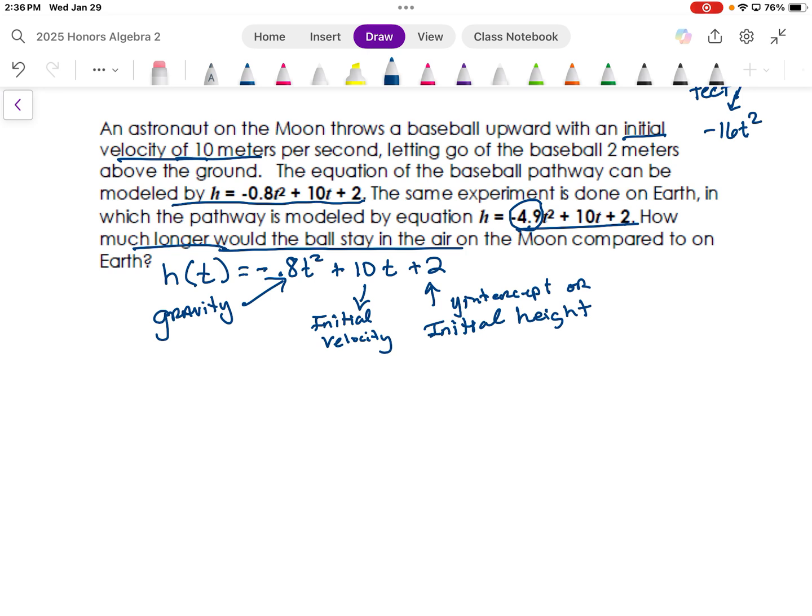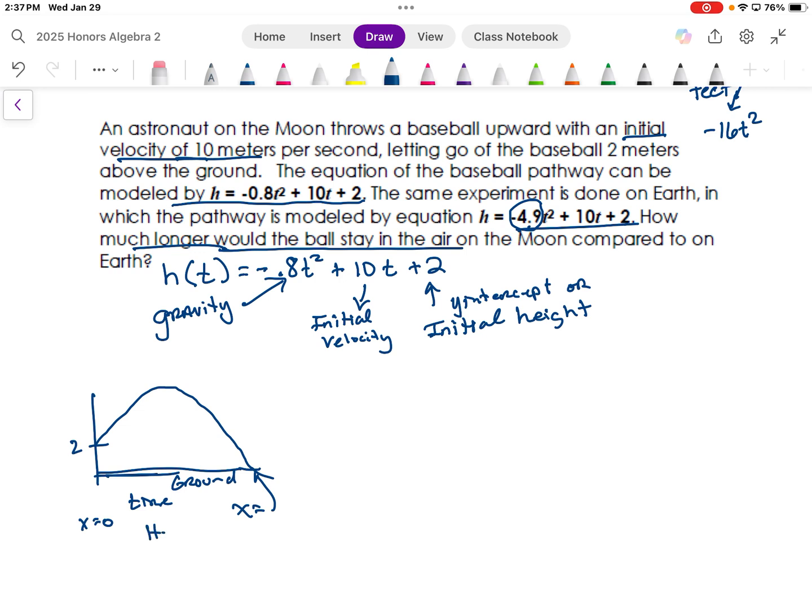All right. So if we think about our pathway here, we know the y-intercept is 2. It got launched up, then eventually comes back down, and then it touches the ground, right? So this is ground here. Time is on my horizontal axis, so this is how long from x equals 0 to this spot here.